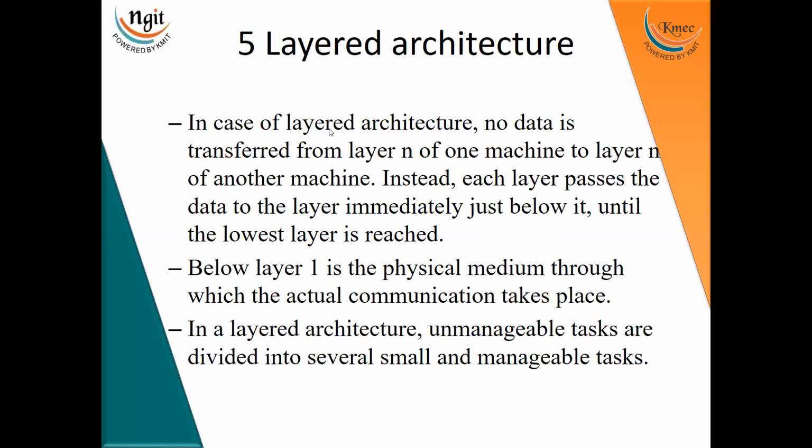In the layered architecture, no data is transmitted directly from layer n of one machine to layer n of another machine. Instead, each layer passes the data to the layer immediately below it, until the lowest layer is reached. Layer 1 is the physical medium through which the actual communication takes place.